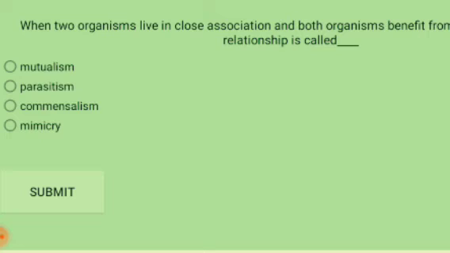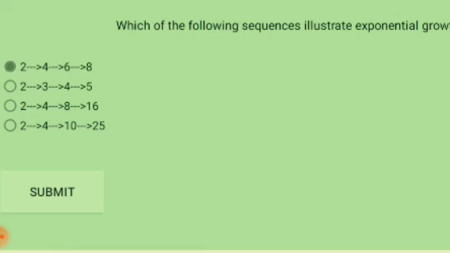So it's actually mutualism. Which of the following sequences illustrates exponential growth? Option A 2, 4, 6, 8, option B 2, 3, 4, 5, option C 2, 4, 8, 16, option D 2, 4, 10, 5. So it's actually option C.